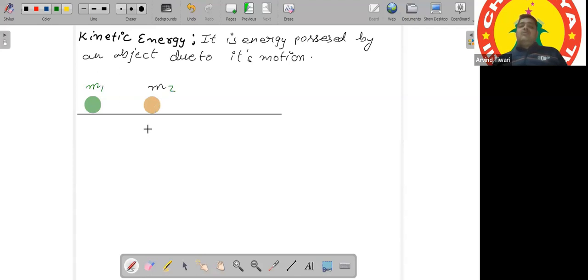So m2 was at rest. When m1 comes with a certain velocity v, it strikes the mass m2, so m2 will start moving. Hence, since m1 was moving with a certain velocity, it has the ability to do work. Therefore, it displaces the mass m2 from its original position. The moving object had some energy, and hence it has displaced the other mass.